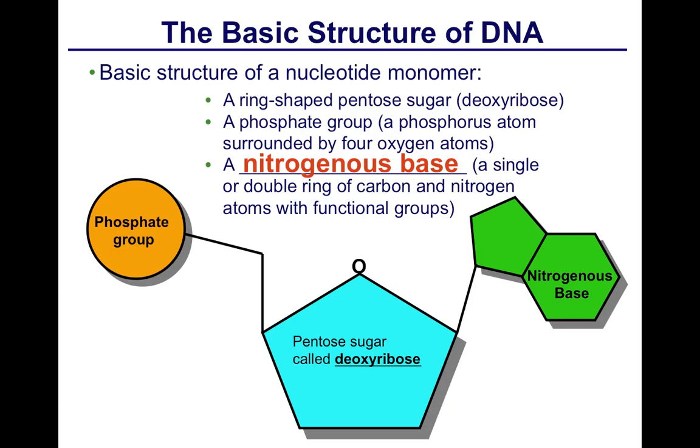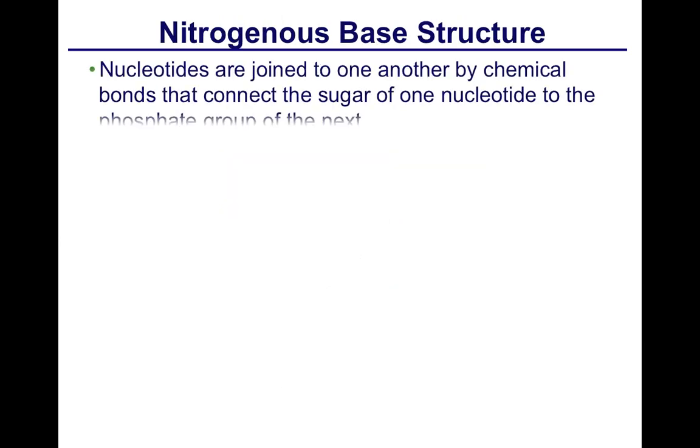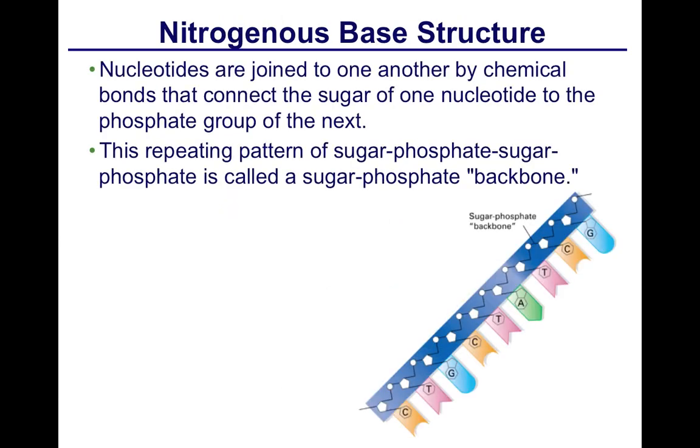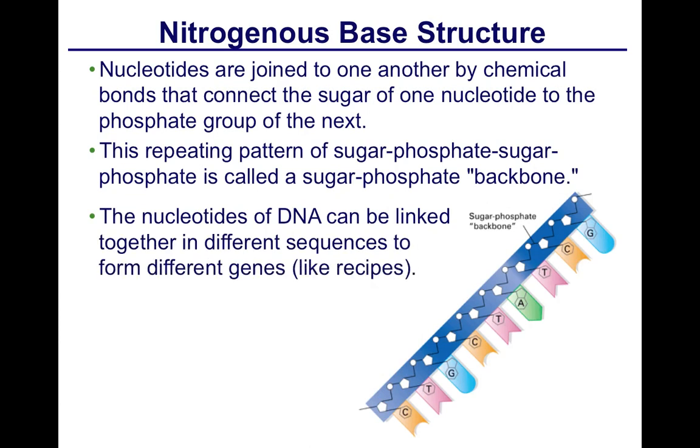Okay, hopefully you're back. So this right here, on the right-hand side of this picture, is a really good way to look at how DNA is held together. So you see that pentagon, which is your sugar, and the circle, which is your phosphate, and then it's linked onto a base, right?